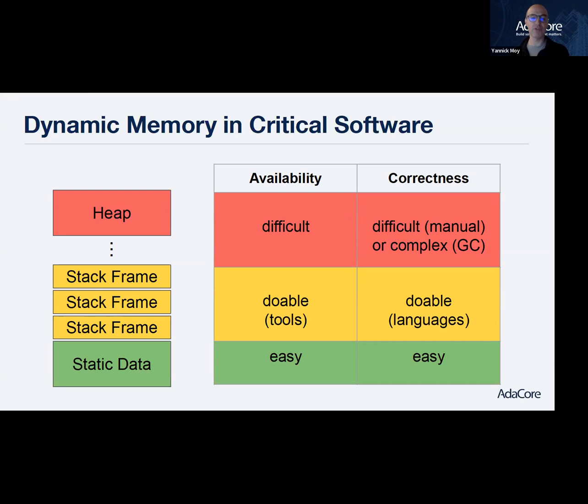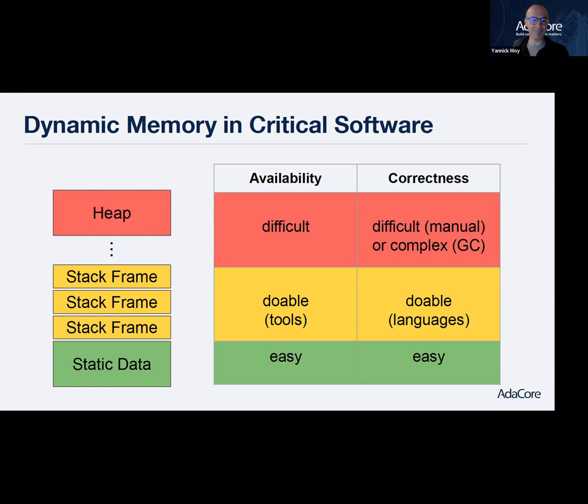So is there enough contiguous memory that is available? For the correctness, when the deallocation is done manually, it's quite difficult to make sure this is correct. When it's done automatically with the help of a garbage collector, the memory management infrastructure is much more complex to deal with that and possibly very hard to certify.